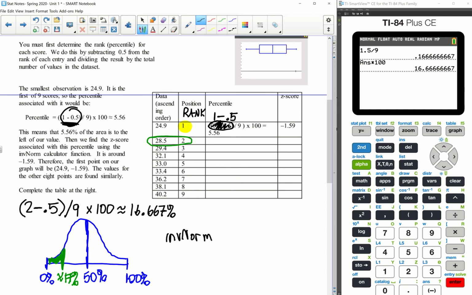All right, what that does is it returns a z-score for a given percentile.